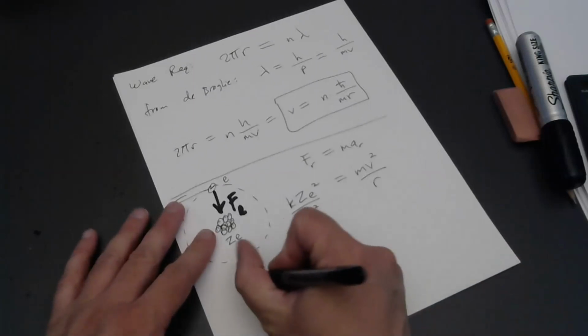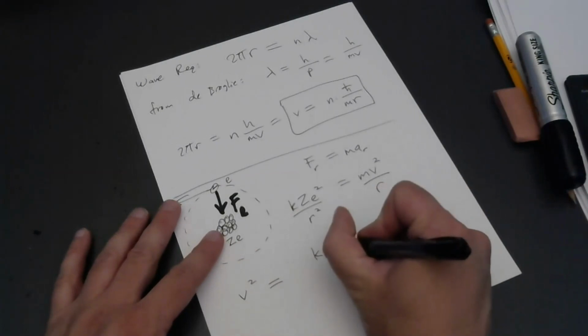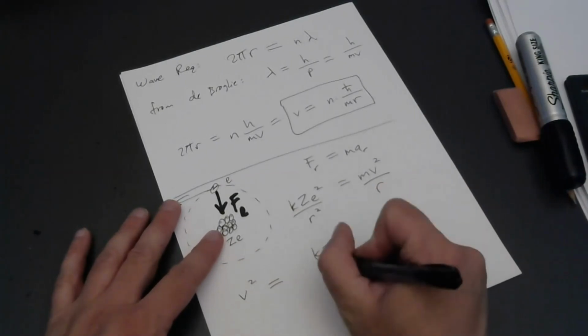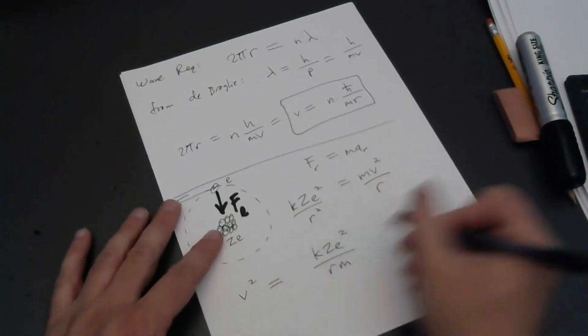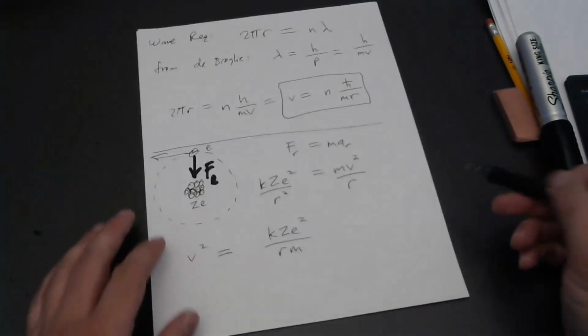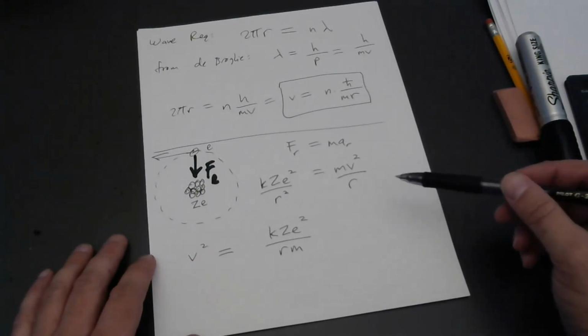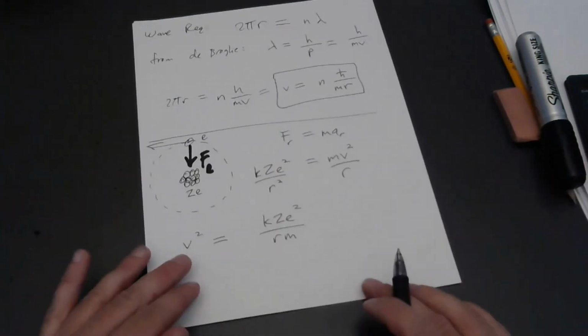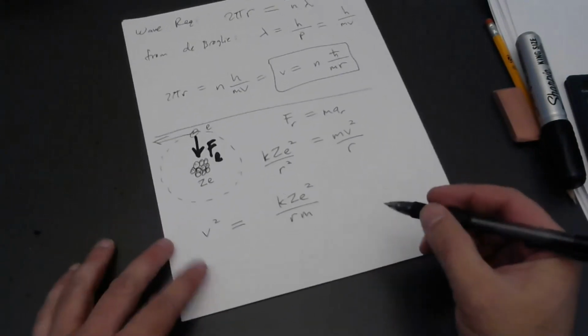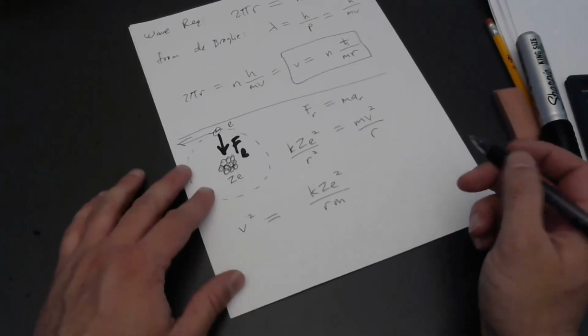And I find that v squared needs to be k Z e squared over r m. I believe I did that correctly. Let's check everything here. As you're going through this, be as careful as possible and write neatly so that you can refer back to your results. Like I said, I really think this is easier than trying to make corrections to all those formulas.